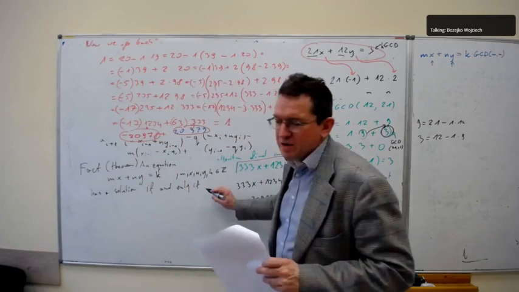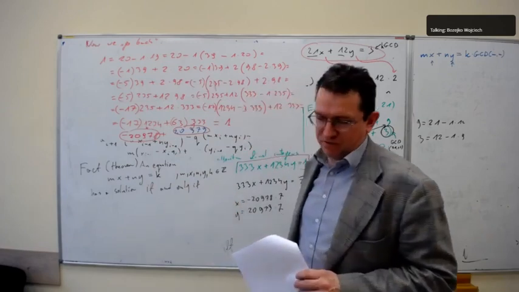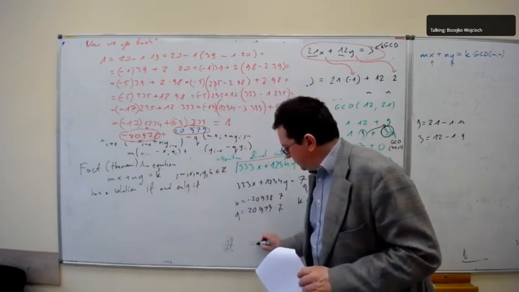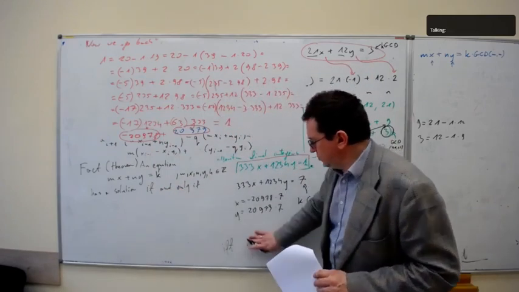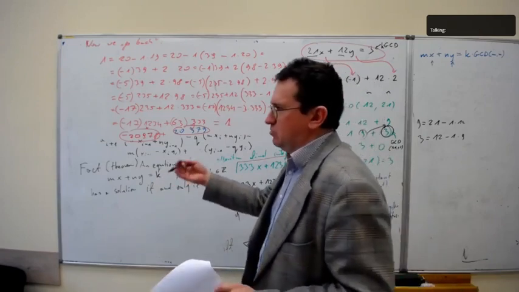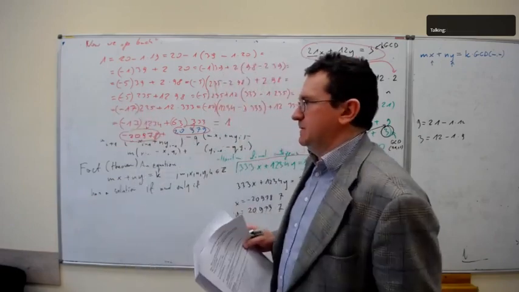This notation is very famous in mathematics. We write it iff, and this means implication in both sides. So if and only if means from the left side we have the right side, and from the right side we have the left side.